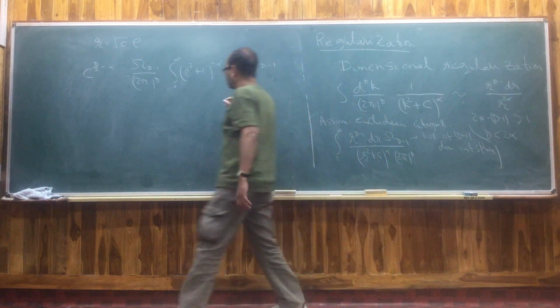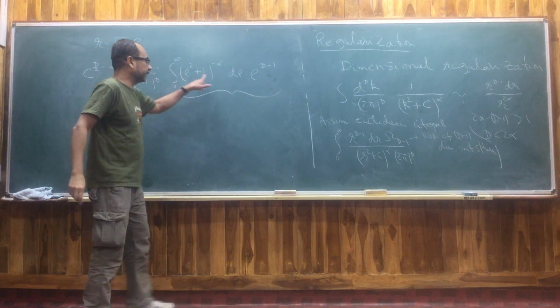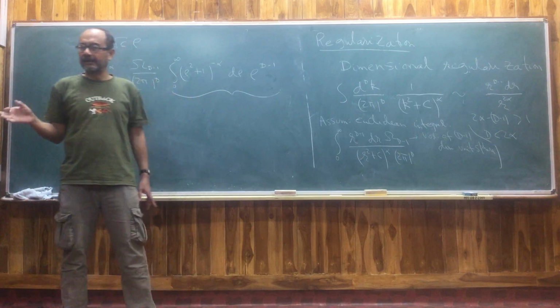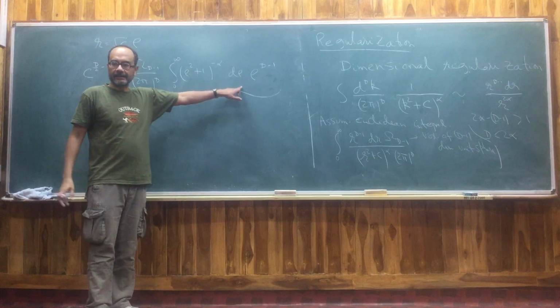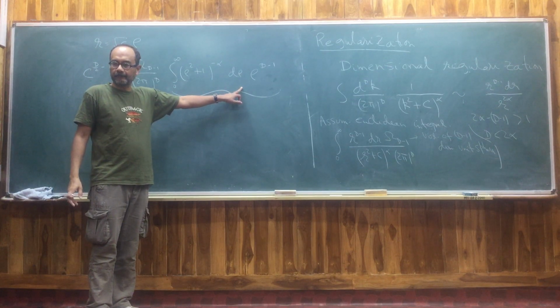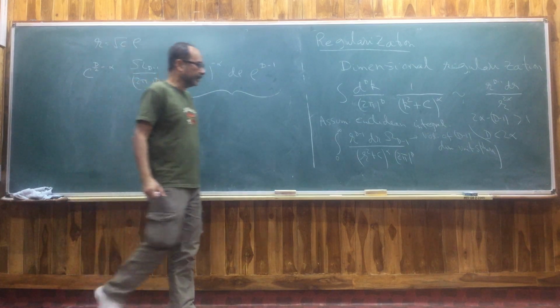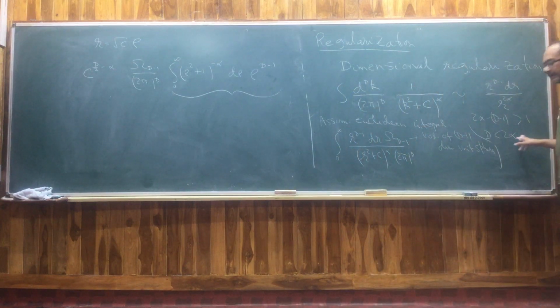But for d less than 2 alpha, the way I have written this, it can be made sense of even if d is fractional. Here there is no problem. You can calculate this for any d, even fractional or irrational d, any real d, as long as d is less than 2 alpha.